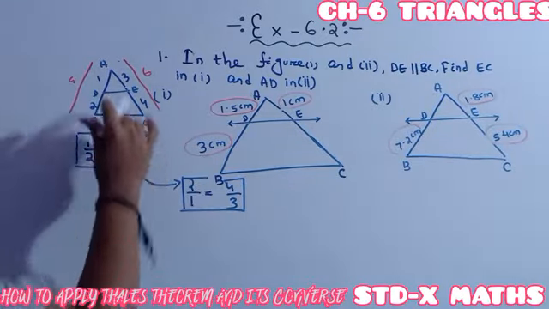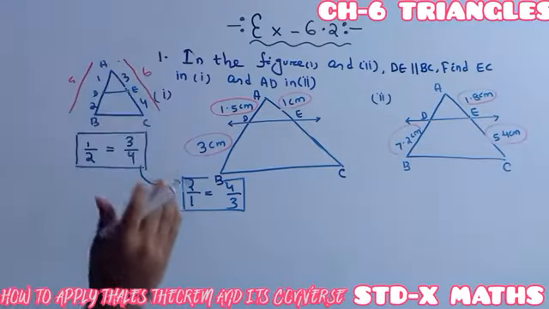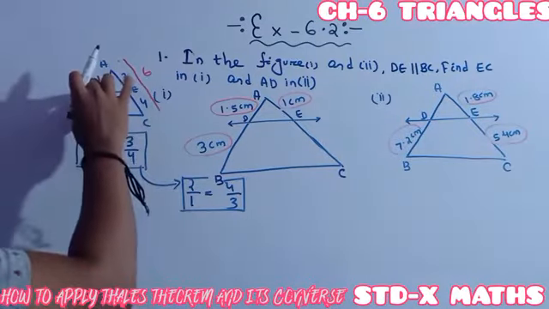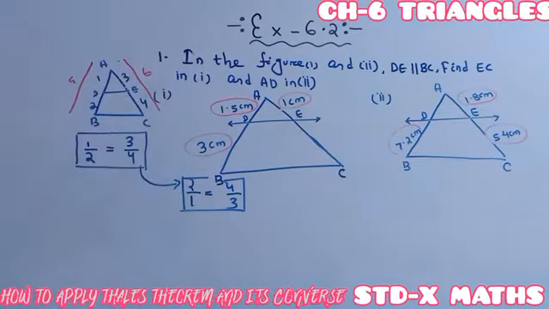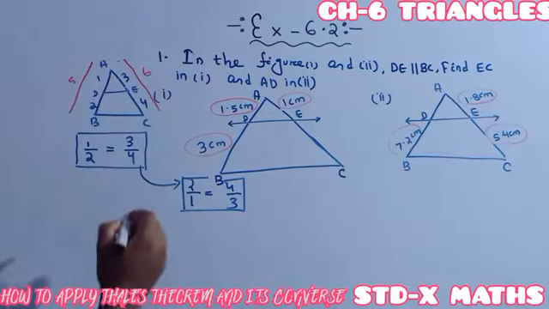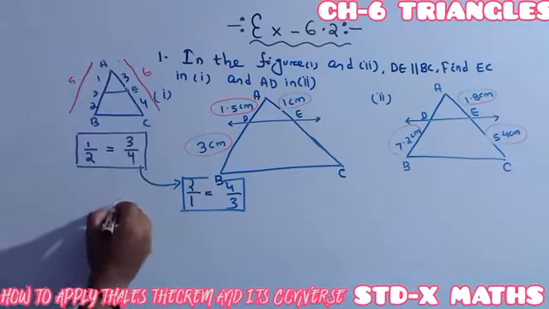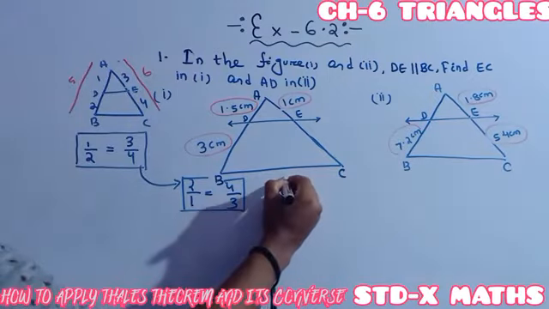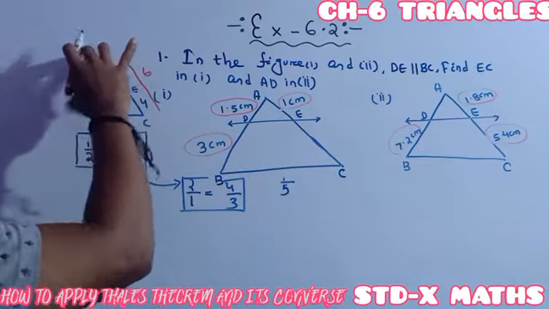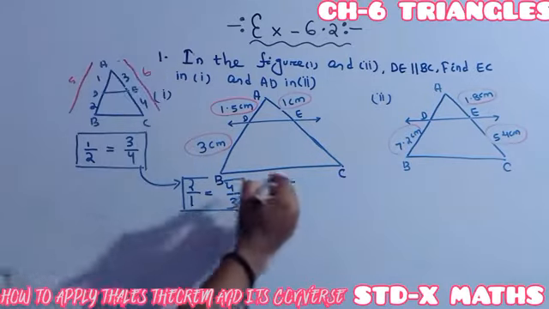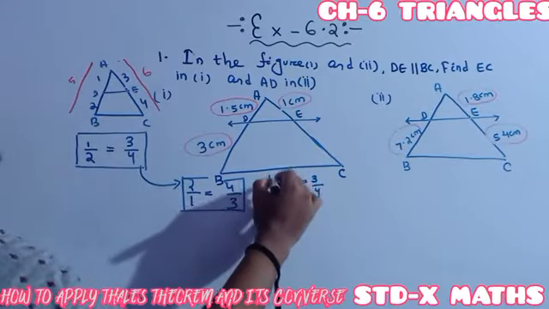1 by 2 is equal to 3 by 4, and this one divided by this one is also the same as this one divided by this one. Also, another way: 1 divided by 5 means AD divided by the total, which is equal to 3 divided by 6.